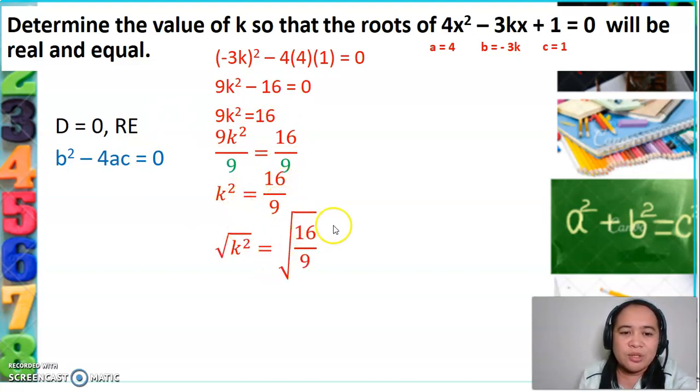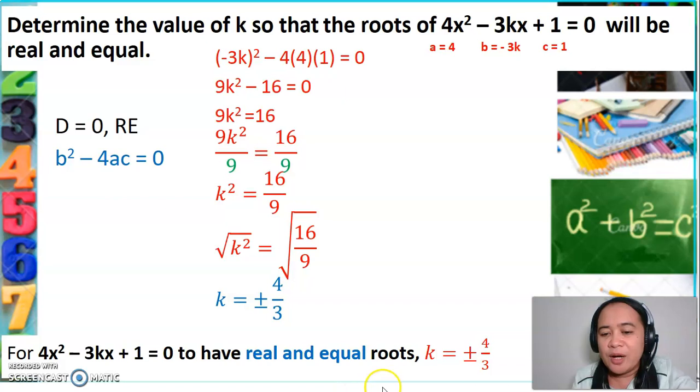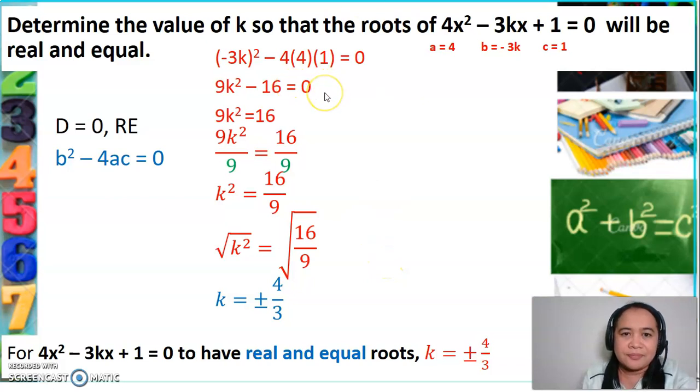Get the square root of both sides, so therefore the value for k should be positive and negative 4 over 3. So therefore, for 4x squared minus 3kx plus 1 to have real and equal roots, the value for k should be positive and negative 4 over 3.